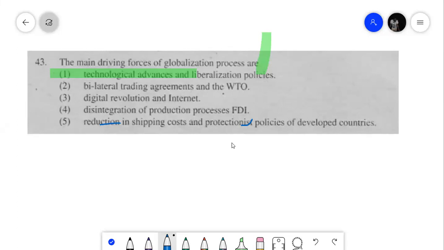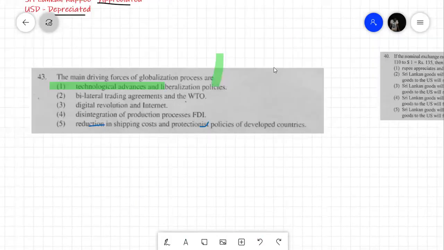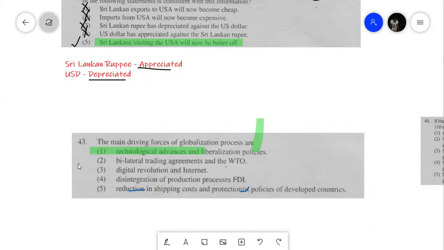But they are not asking which one, they're asking for the main one. That is why the question gets a little harder. You need to find out which one is the most impactful, which one makes the biggest difference. So in our context, 43 will be answer number 1. Okay, that brings us to the end of the 2011 paper.